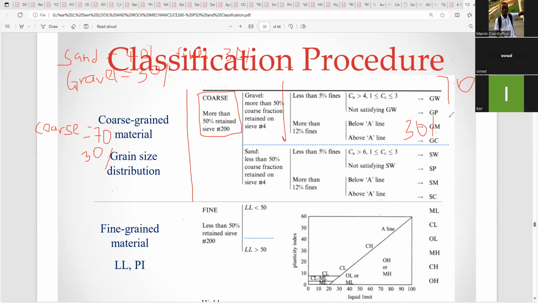If we take 50% of the coarse fraction, we divide 70 by half, which is 35. So half of the coarse fraction is 35%, and we have 30% retained on sieve number 4. So it means that it is less than that. Do you get it?